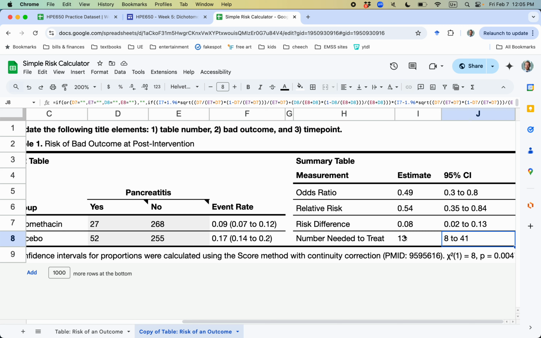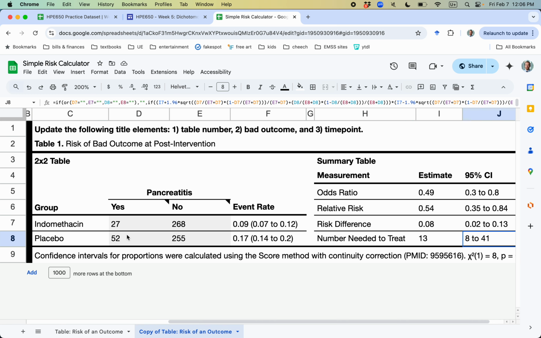If I switch 13 people over from getting nothing to giving them indomethacin, I can expect 1 additional person to benefit or to not develop pancreatitis. If we treat 13 people with placebo, it's not like all 13 people get pancreatitis. Based on the event rate of about 17%, I'd expect somewhere around 2 people to get pancreatitis.